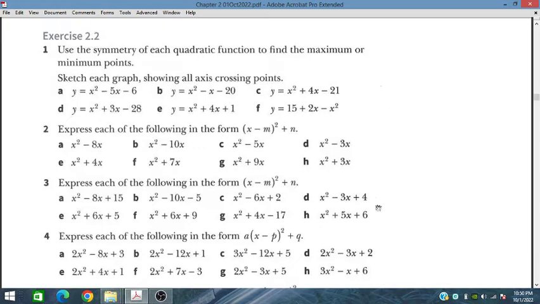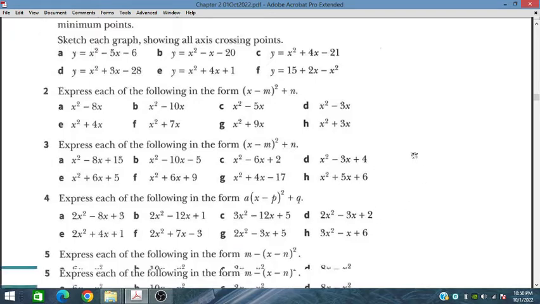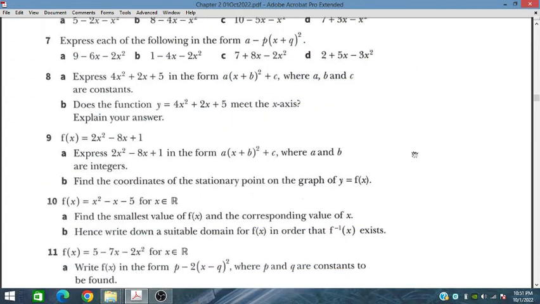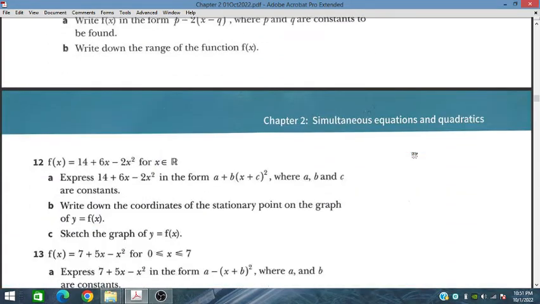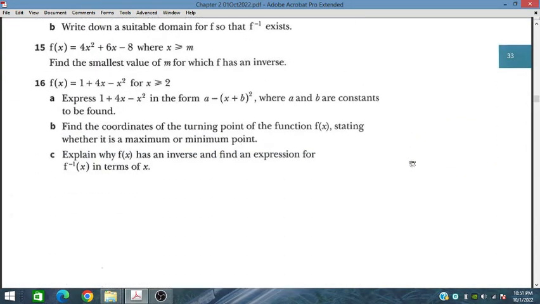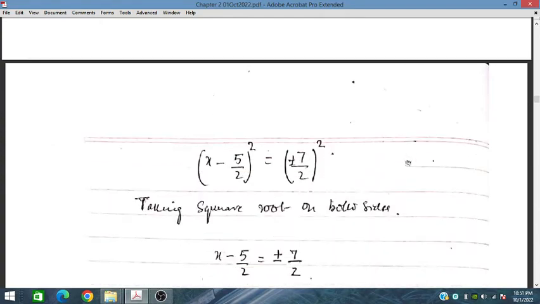Sketch each graph showing all axis crossing points. We will solve all these problems in this exercise 2.2.